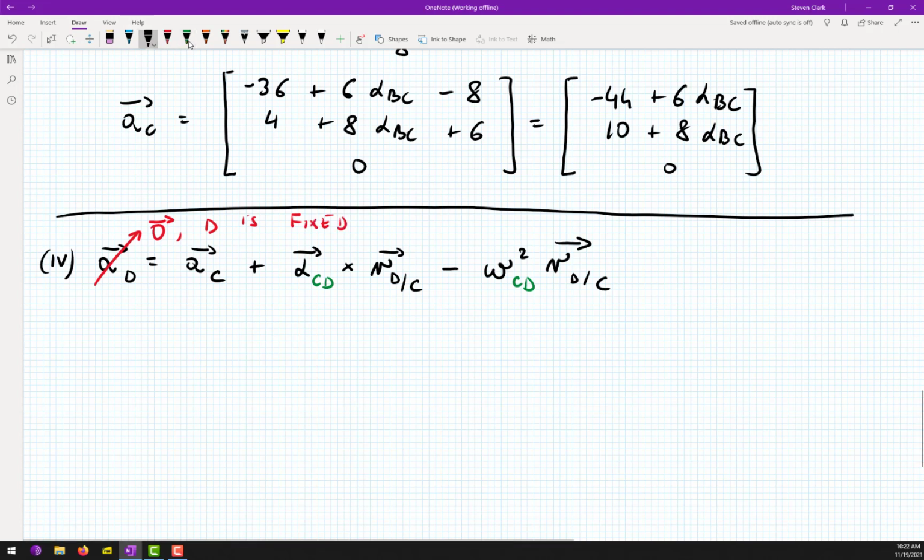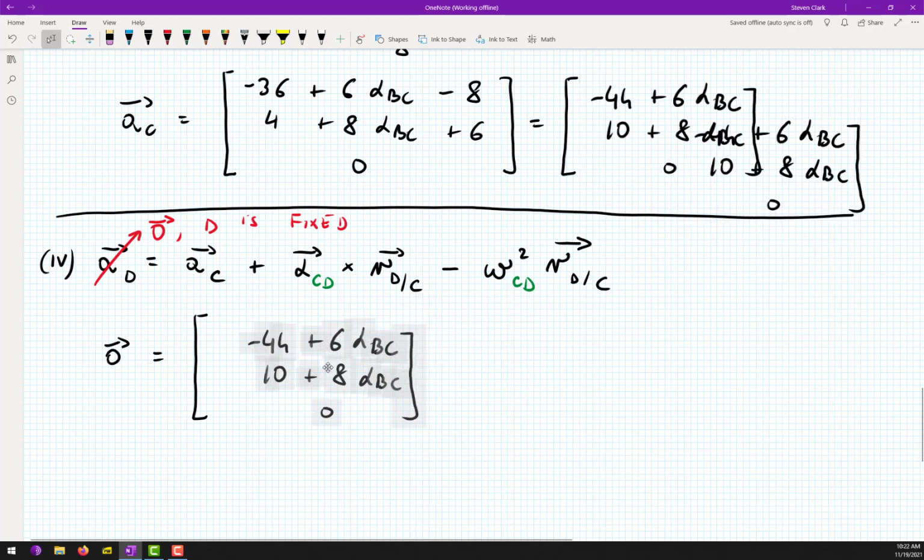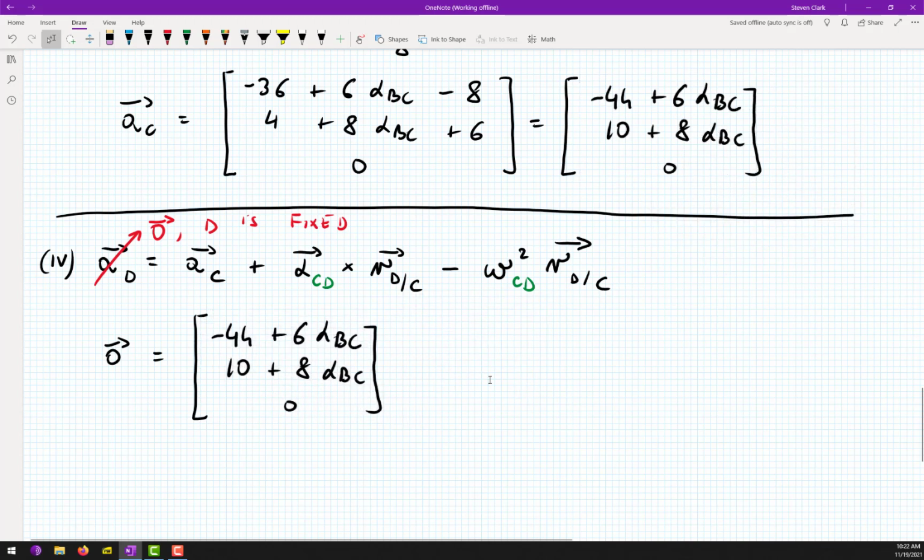So we will have 0 vector equal to this vector we just found, plus a value we don't know, 0, 0, alpha CD. Remember to assume positive direction.